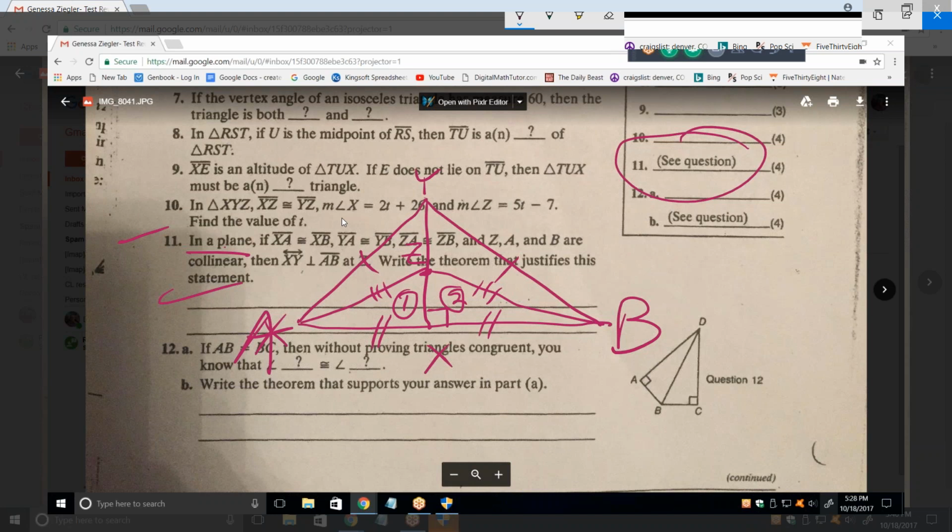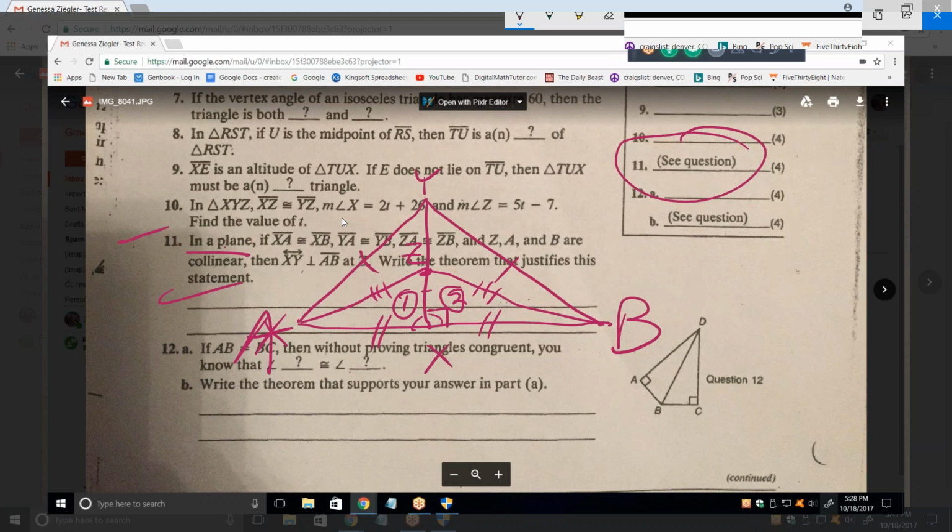Because it'll mean this angle is the same as that angle, and the only way they can be equal is if they're both 90, because it's a linear pair. So that's all I have to prove, that AZX is congruent to BZX. Well, we got two sides are congruent, but the third side, that's equal to itself, right?